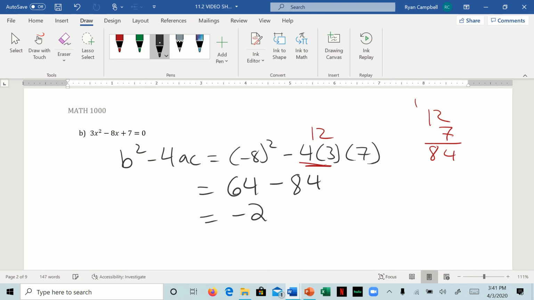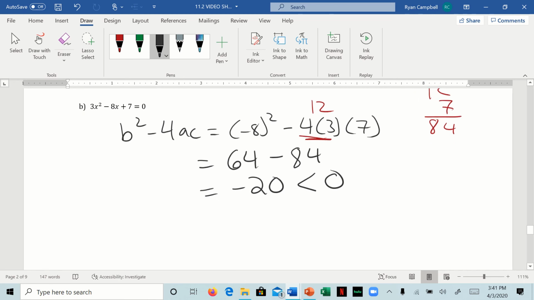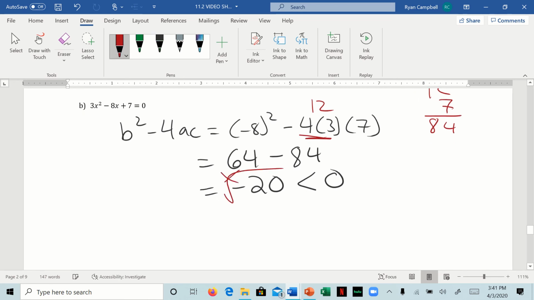So when you subtract that, you get negative 20. That's negative, less than 0, so you can't take a square root of it. So this is going to be no real solutions.